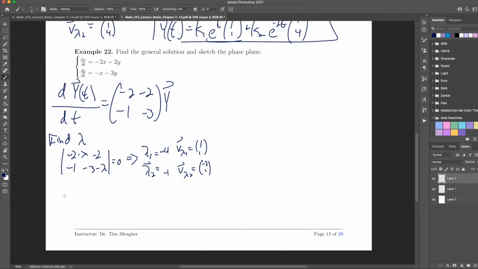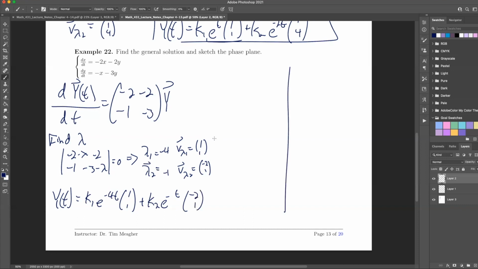So what's our solution? Our solution here is y of t equals k1 e to the minus 4t times (1, 1) plus k2 e to the minus t times (minus 2, 1).